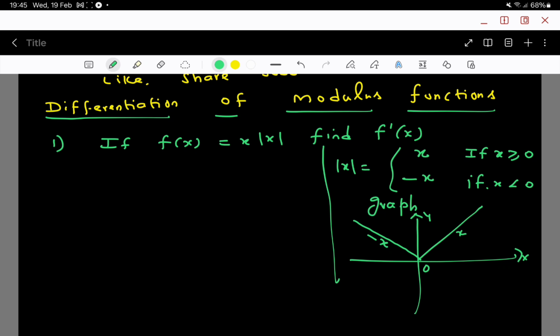Now, in this function, x into mod of x, we use these two values. Given f of x is x into mod of x, we write if x is greater than or equal to 0, mod of x becomes plus x, so x into x, x square, okay?